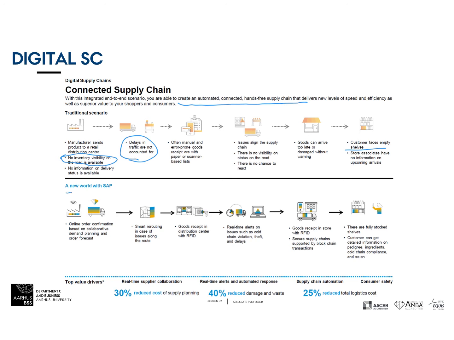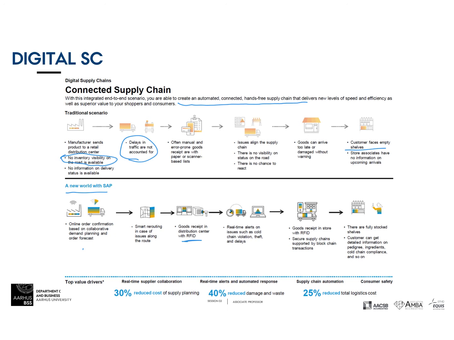The new world of the retailer supply chain, regardless of using SAP or any other information system, should be the future scenario. You should have an online order confirmation and smart rerouting in case of issues along the route, and goods receipt in the distribution center with RFID technology.